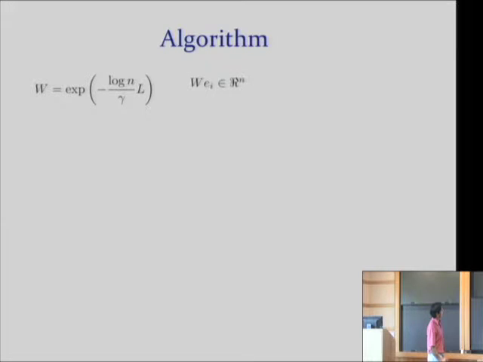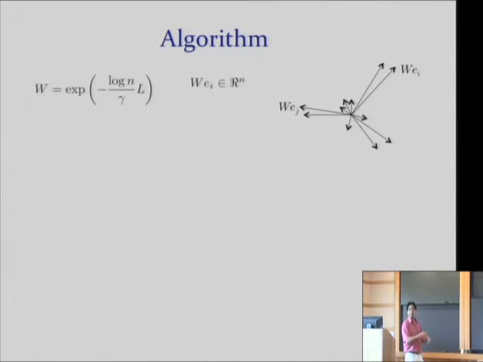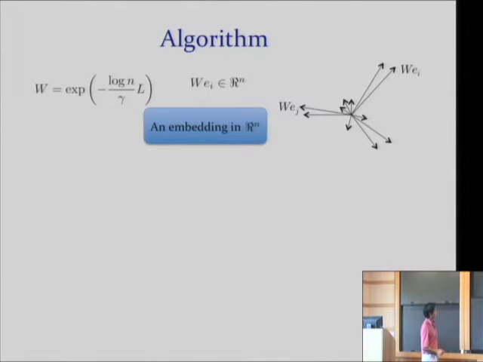So, if I start a random walk from a vertex i, I will obtain a probability distribution in R^n, which will be W e_i. Now, I can think of this as a vector assignment to the vertex i, and that lets me get an embedding in n dimensions. I have a vector for every vertex.